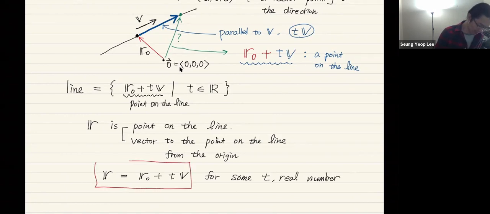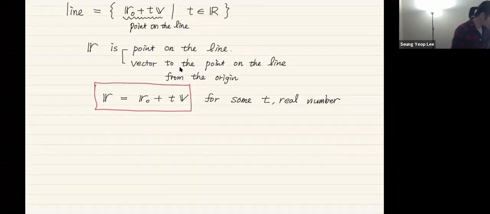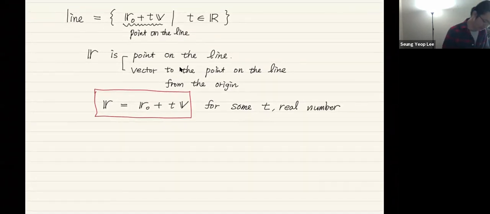That's the equation of the line, and since it's an equation in terms of vectors, it's called the vector equation.